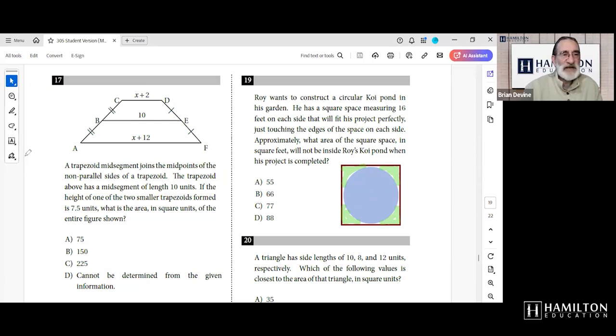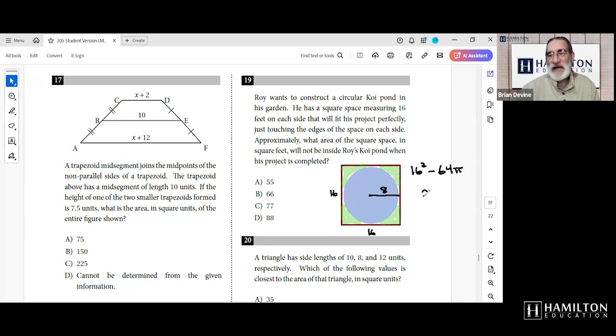Well, common sense says we should take the area of the square and take out the area of the pond. So if this is 16 by 16, that's 16 squared. And this would make the radius 8 because the diameter of the circle is 16. So minus pi r squared, 64 pi.